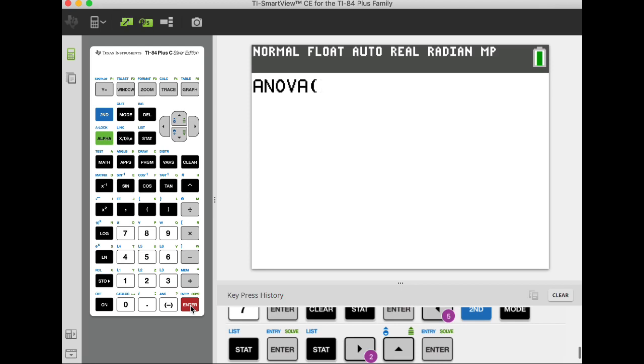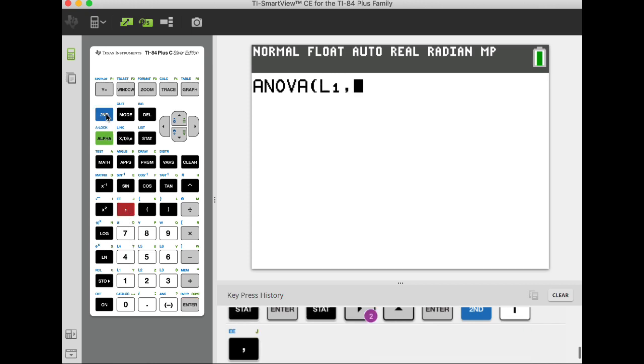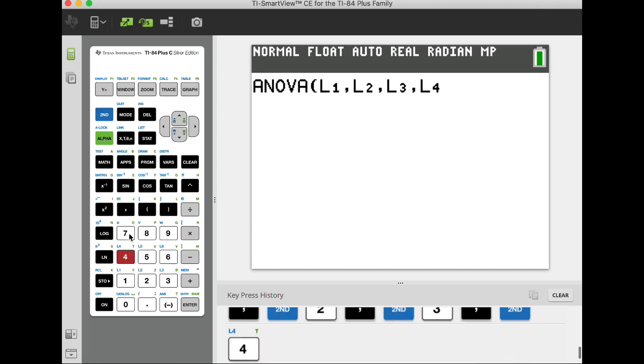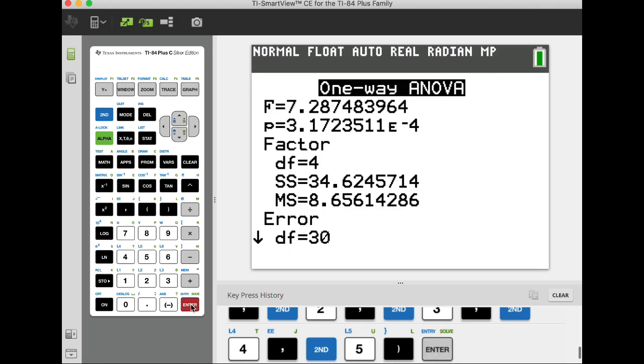You just need to type in the 5 lists that we're using. So list 1, second and 1, and then comma, list 2, second and 2, and comma, and so forth. Second and 3 for list 3, comma, second and 4 for list 4, comma, and then second and 5 for list 5. Then close the parenthesis and then press Enter.